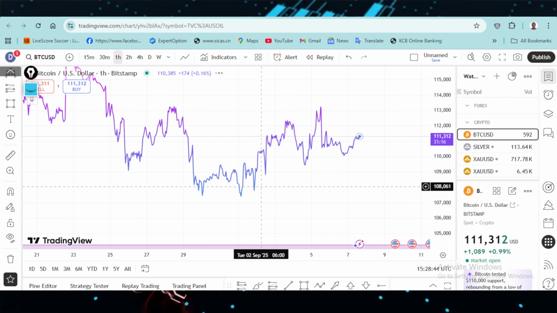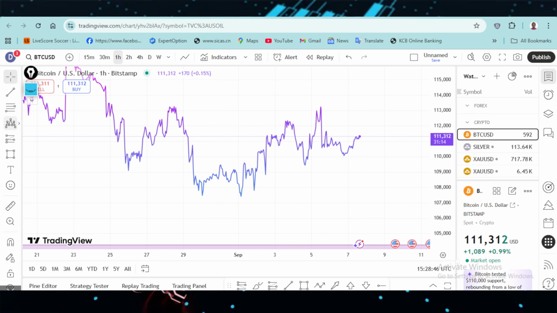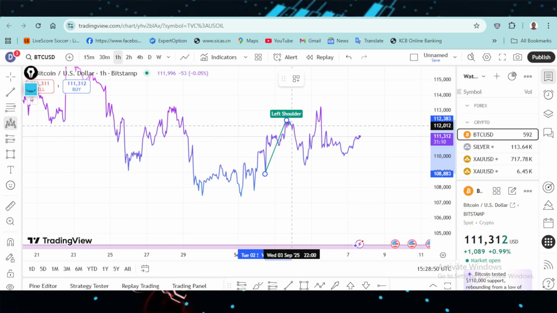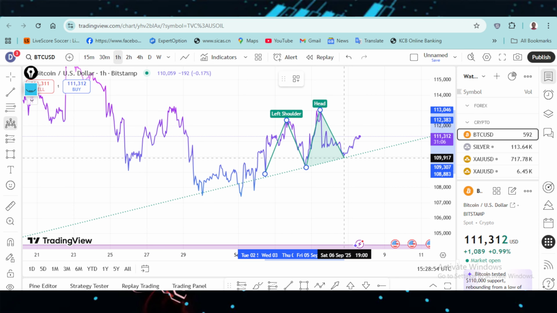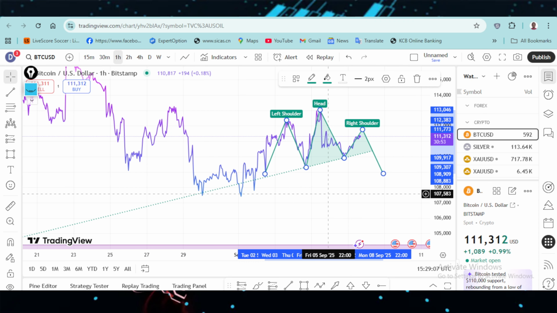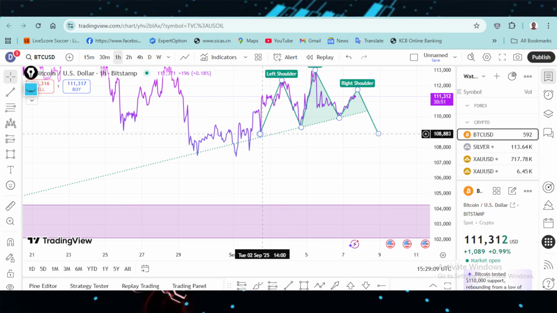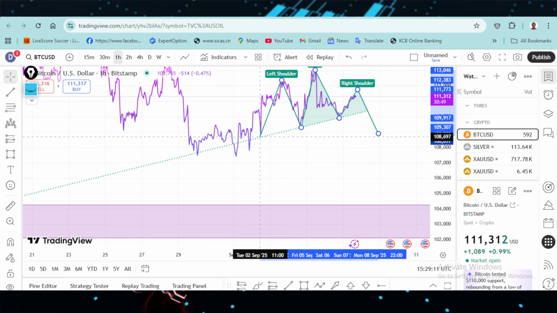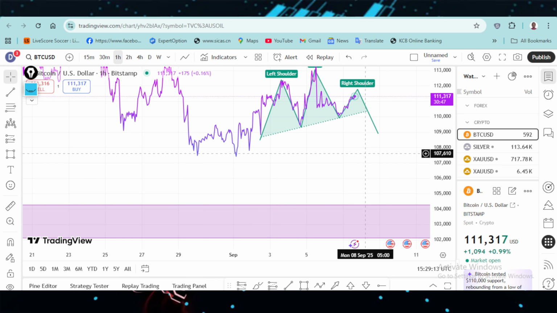For those who know this kind of structure, we are waiting for another form here. This is a head and shoulders. Where's the target? The target is very clear. We are targeting to reach down here.